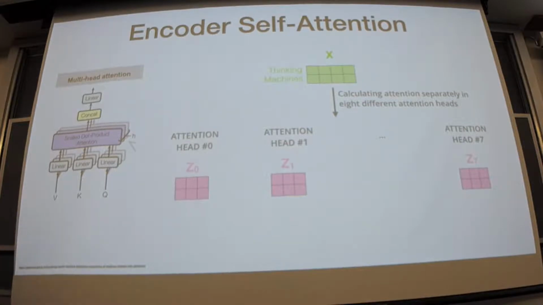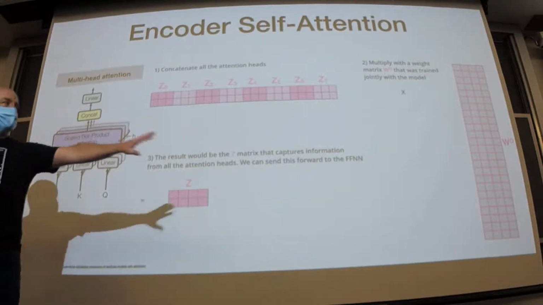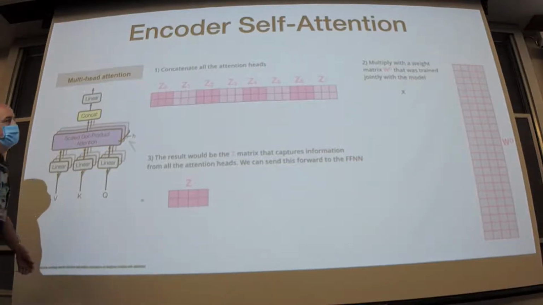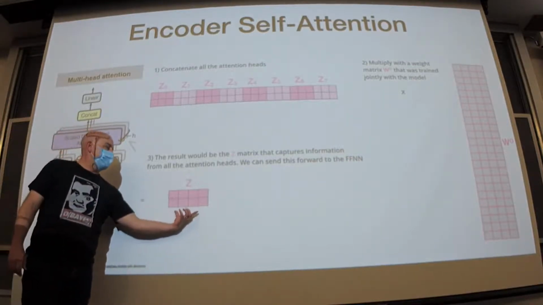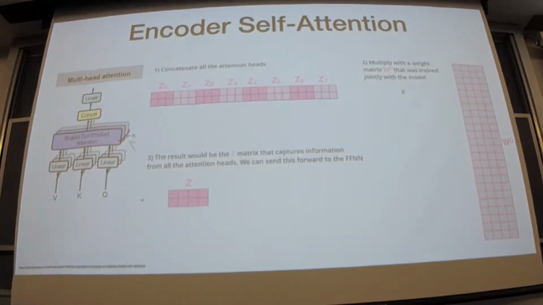And you get these outputs. So what do you do with them? Well, it says right here, concatenate and then apply a linear transformation. So literally, you concatenate all those together. You have one more learned matrix, this WO for output, of the right size so that you get back to the original dimensions of your input. And there you go. Now you have your final output Z from the multi-head attention.